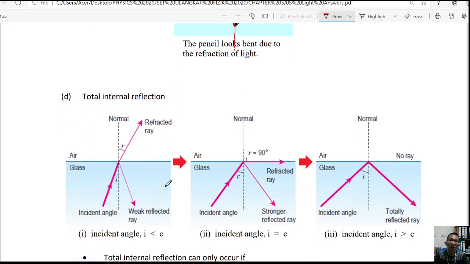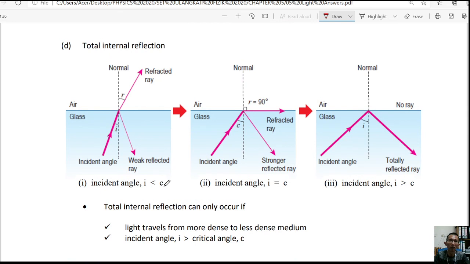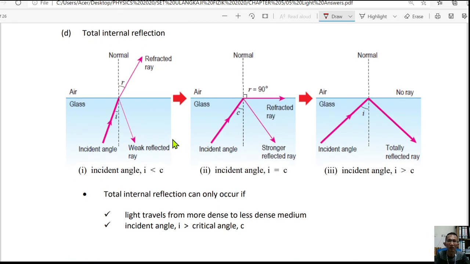Okay, next, total internal reflection. Observe the differences, the main difference between these three diagrams. In the first picture, my i is less than c. What is c? c is our critical angle. So if i, the incident angle, is less than my critical angle, I will see my refracted ray.